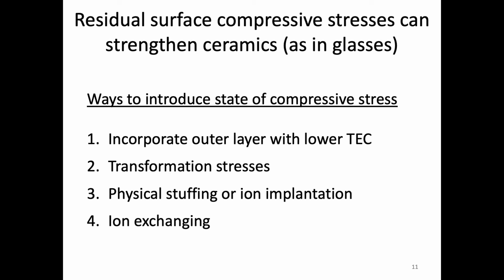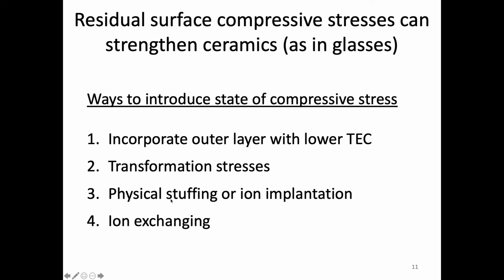And so if we can introduce compressive stresses, we can basically clamp down on those mode 1 type fractures, and that's a way to stop it. So a way to stop it is basically to introduce a compressive stress on the surface. And so we talked about ways in glasses that we can do this: thermal tempering, ion exchanging, and so forth. So a lot of those will apply to general ceramics as well.